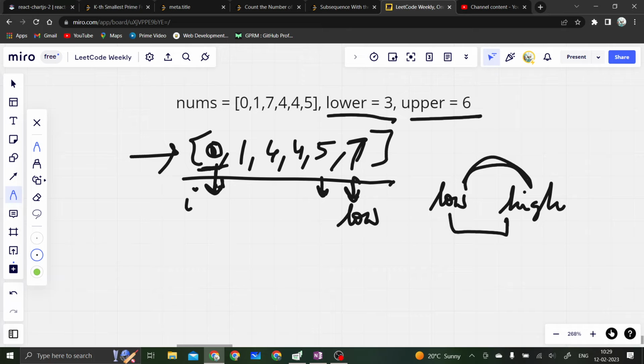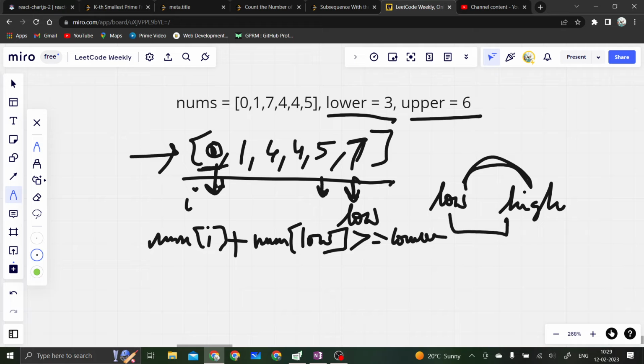Then we will keep checking that nums of I plus nums of low, this particular value, is greater than or equal to this lower value, right? So we will find the lower bound. So we will keep decrementing it for all the elements until we find this condition to be true. So if we see, this condition is true up to this index, because at this index it will become false, right? So our low will be pointing here.